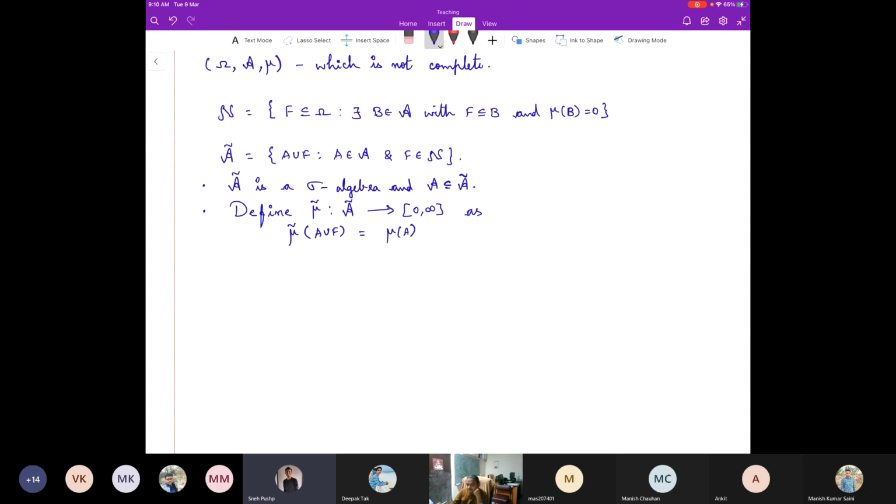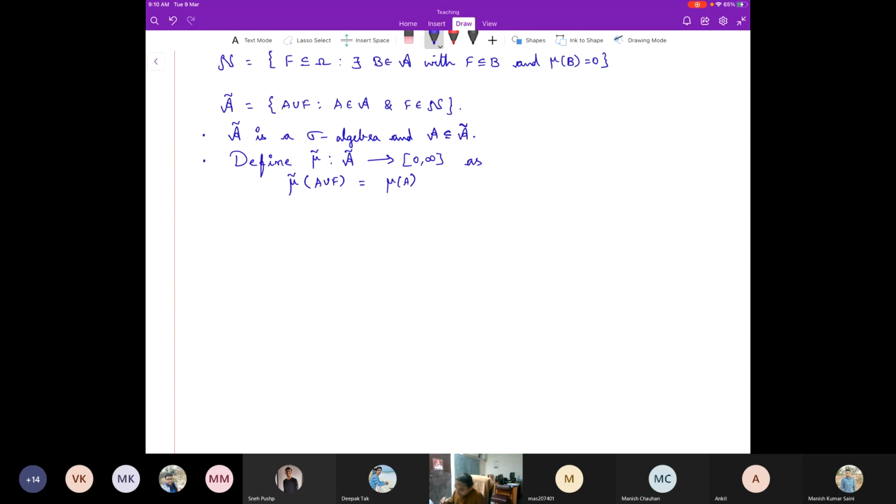Mu tilde of A union F equals mu tilde of A dash union F dash. That means we will have to show that mu of A equals mu of A dash. Exactly.